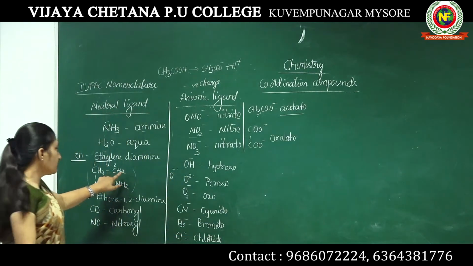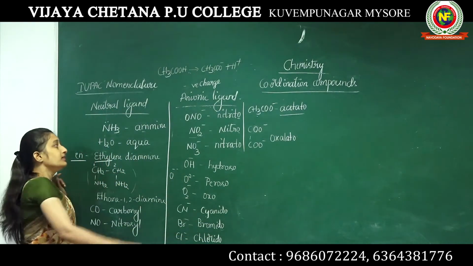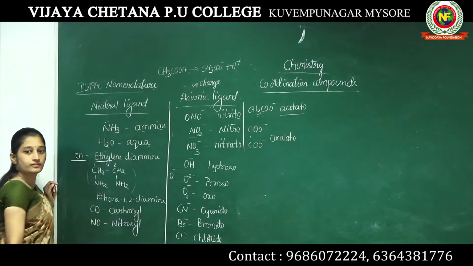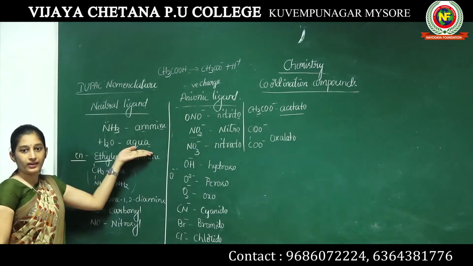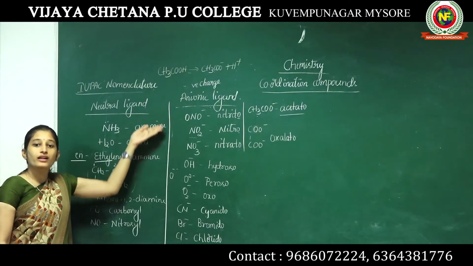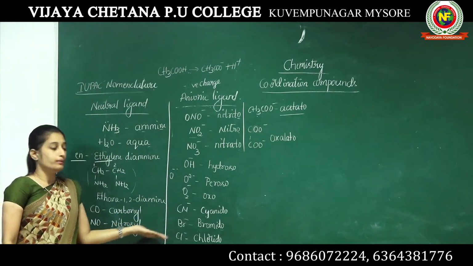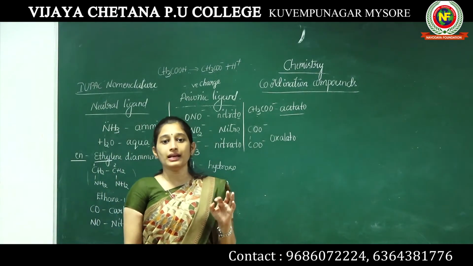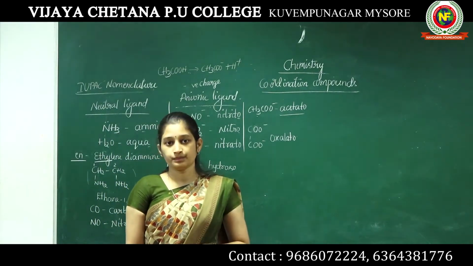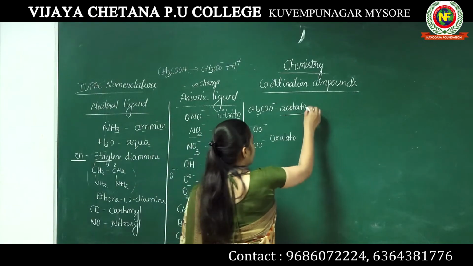But just observe in this case, there is no O at the end. Amine, aqua. In those cases it doesn't end with O, but in all the anionic ligands, it ends with O. That is one of the things.